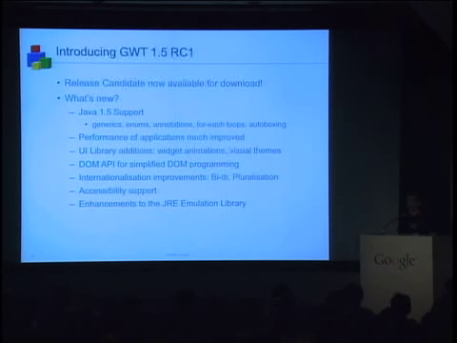Some people have seen, by upgrading, an improvement of between 20% and even 2 times speed improvements, just by upgrading. We have a new UI library, a simplified DOM API, internationalization improvements, bidirectional support, pluralization. There's accessibility support, and enhancements to the JRE emulation library.